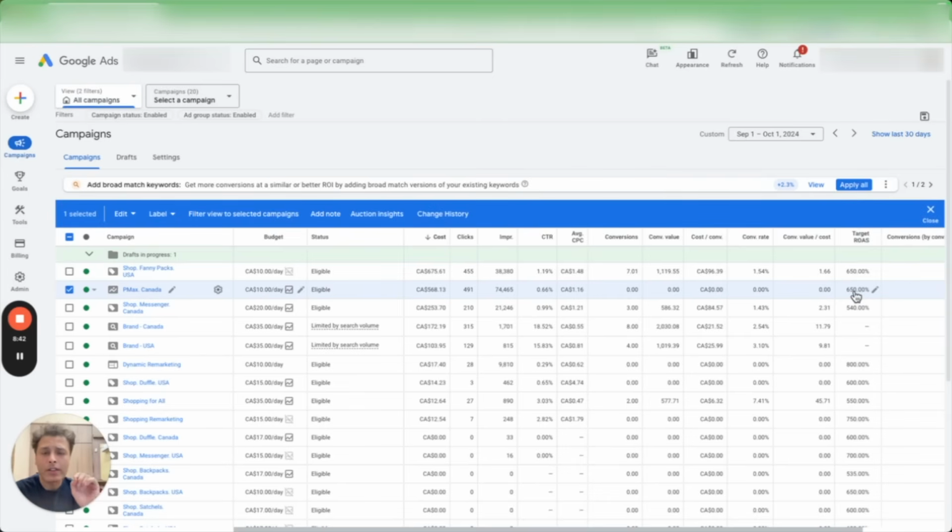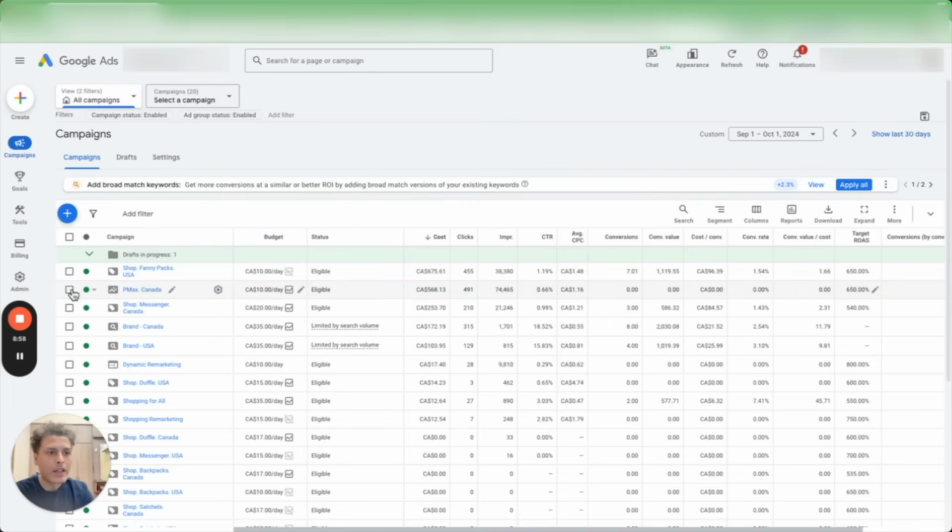So unless Google is getting me a profit of $6.5 over a spend of $1, I don't want Google to show my ads. That's what this bidding strategy is all about. That was the only Performance Max campaign we ran. After that first bad month, it was all about shopping campaigns.